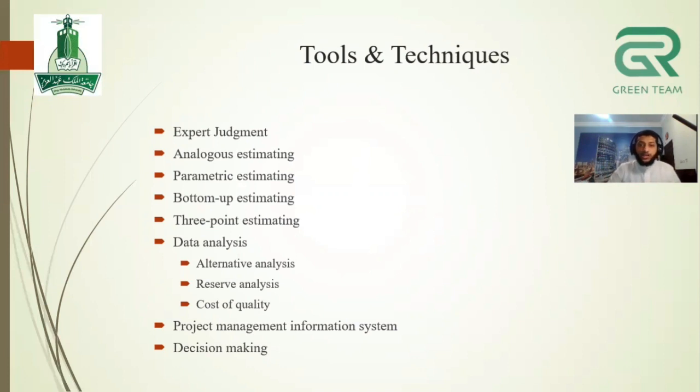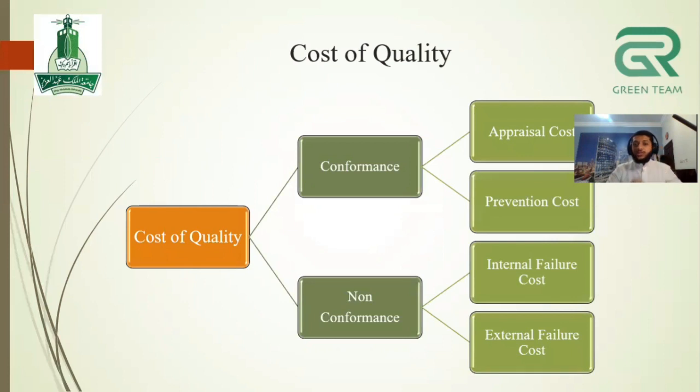So let's go to cost of quality, and cost of quality is actually divided into two sections: conformance section and non-conformance section, and each one is divided into two subsections. Conformance is divided into appraisal cost and prevention cost.